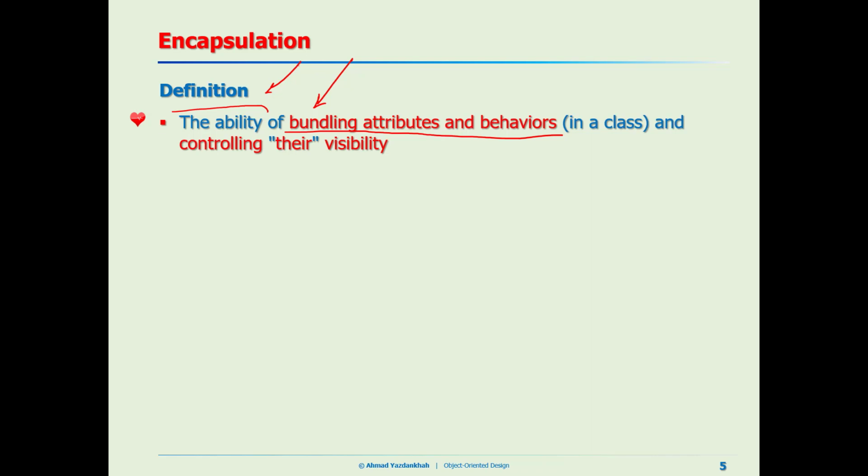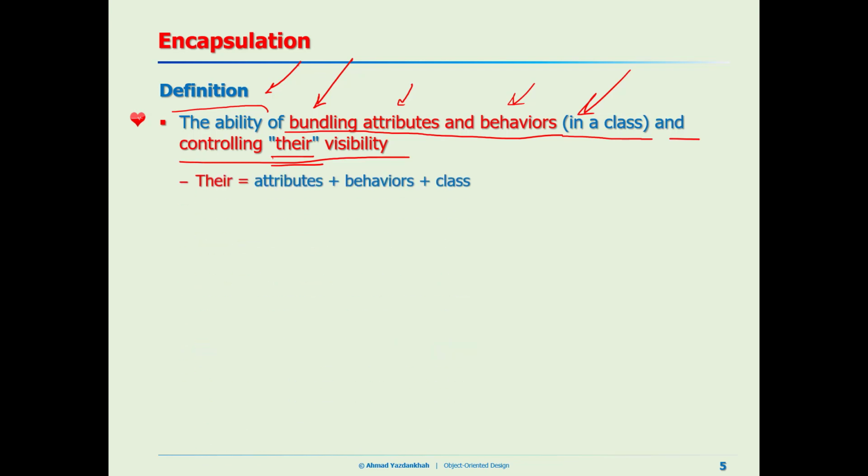We bundle attributes and behaviors in a class, and we control their visibility. What is controlled can be an attribute, a behavior, and also the class itself. We have the ability to control the visibility of the class as well.